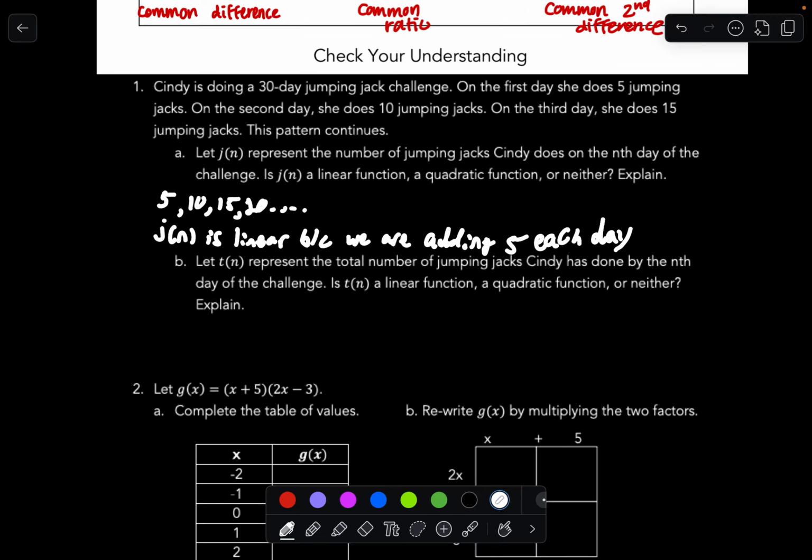Each day we are adding 5 more jumping jacks. So because we're adding 5 each day, it has a constant rate of change.